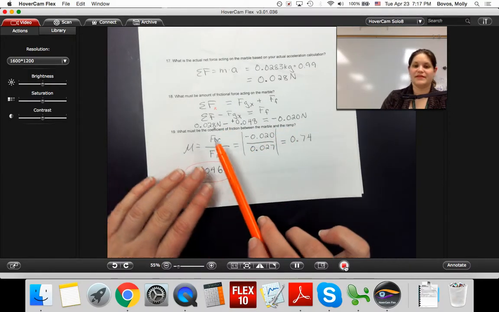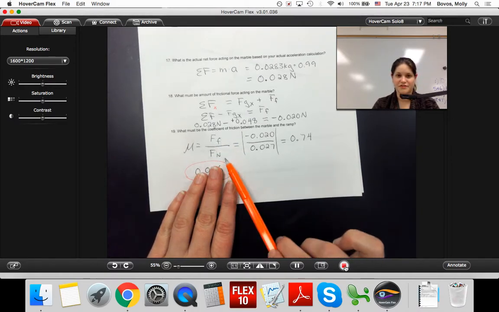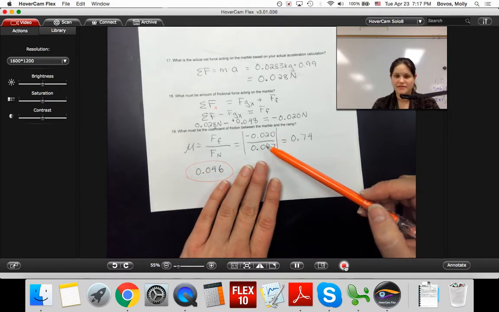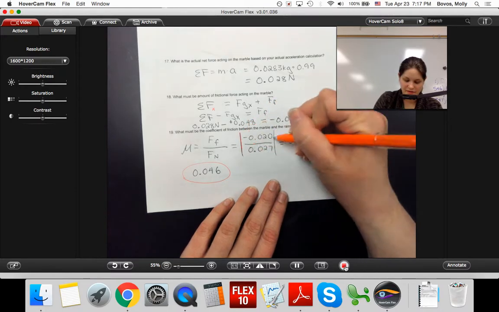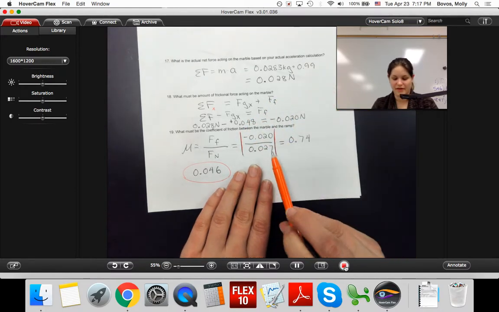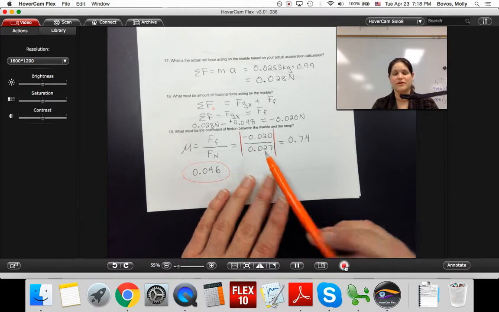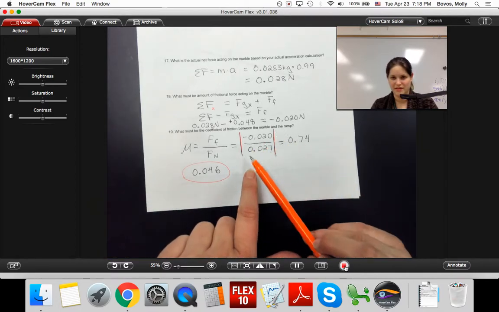That is what then allows us to do this formula. Net force of friction divided by normal force gives us mu, and since that is scalar, that's why we put these lines here to show that that's an absolute value, because if we just divided those two, we would be getting a negative number, but we know mu doesn't have a direction, so that's why we did that.